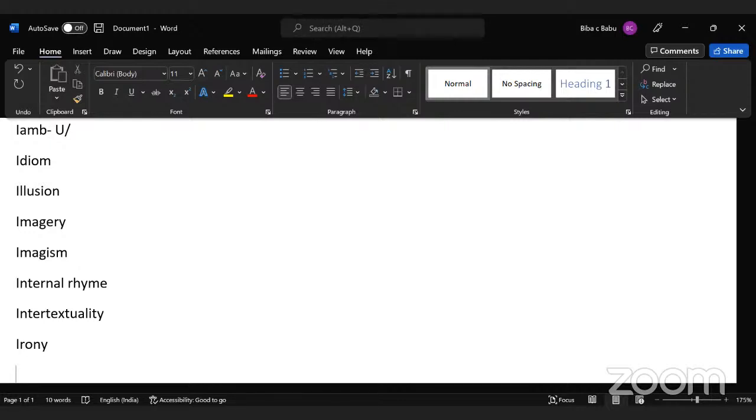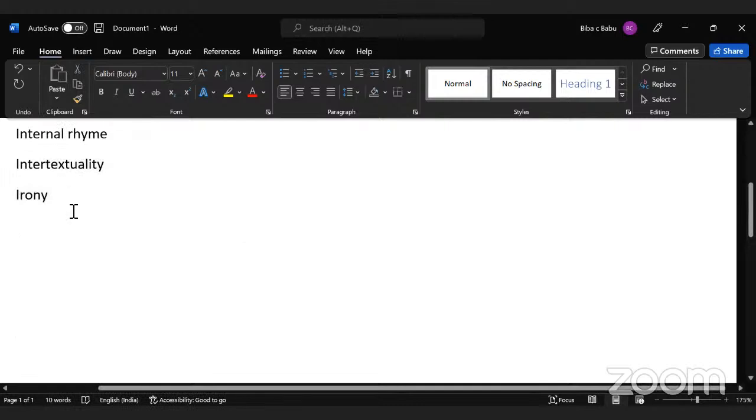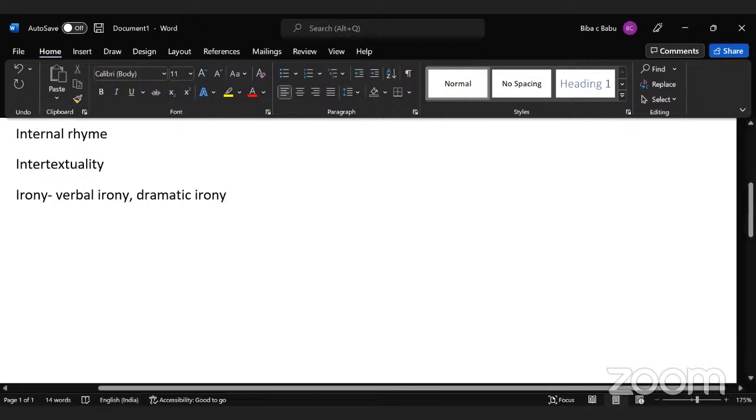That is irony. Irony can be classified into two types, verbal irony and dramatic irony. If you are continuing in the MA classes, you will come across irony. Verbal irony is when you say something and it means the opposite.